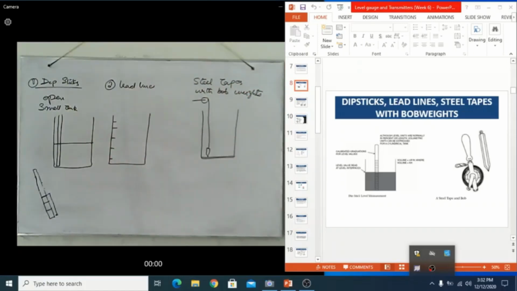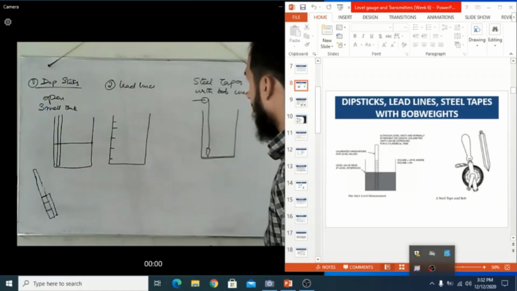You cannot use it for 20-foot or 20-meter height tanks. Although if you go into the industry, there are very huge tanks, height and diameter wise, available to store your raw material, and on the other hand to store the final product as well.